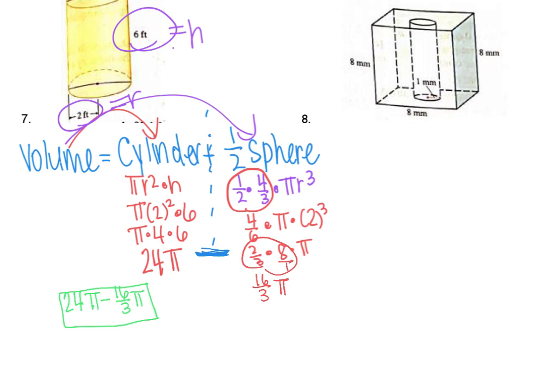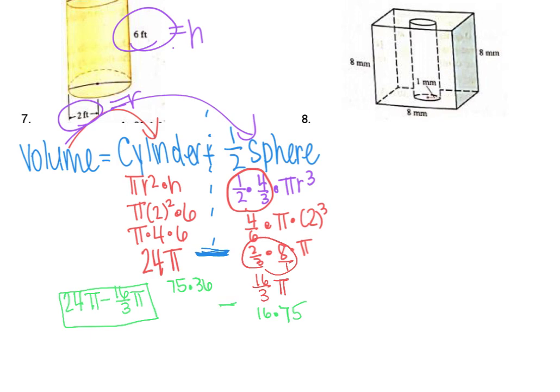If I want to, I can come up with nice, neat numbers by multiplying by 3.14. So this one is 75.36. This one is 16.74, or 16.75 if you want to go 2 decimal places out.